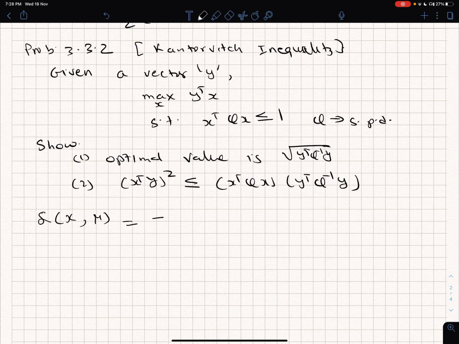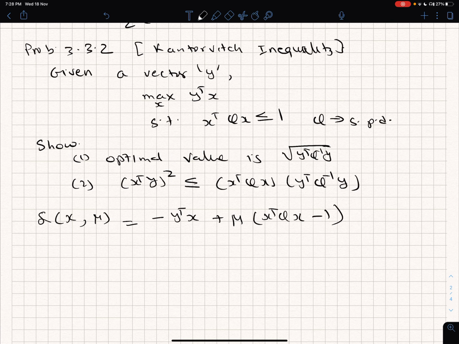Maximize y transpose x can be written as minimize minus y transpose x, and remember all my optimality conditions are given in terms of a minimization problem, so I write it as minimize minus y transpose x plus mu times g(x), where the g(x) less than or equal to 0 form requires us to write the constraint as x transpose Qx minus 1.